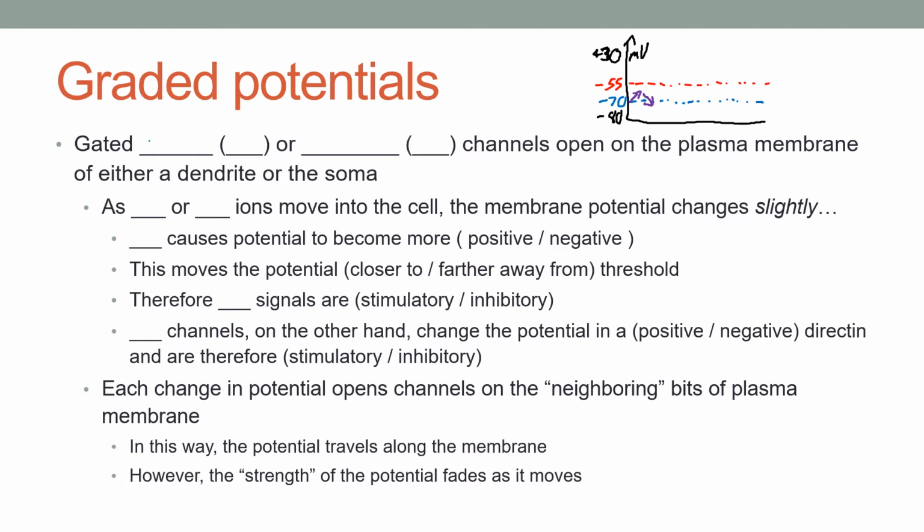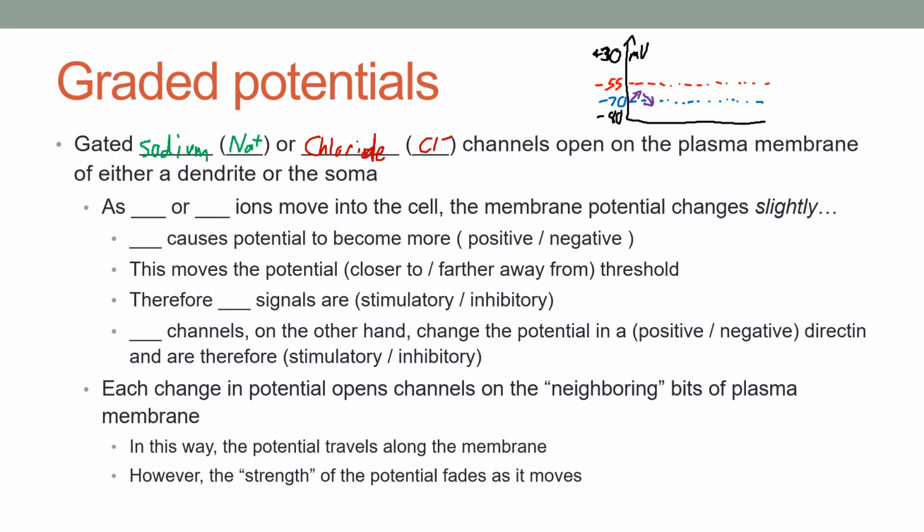Okay, gated sodium, which you recall is Na plus, or chloride, which is Cl minus, channels exist on the plasma membrane of the dendrite and the soma.